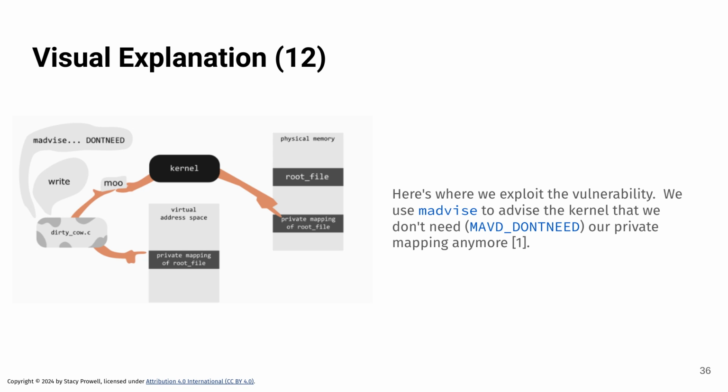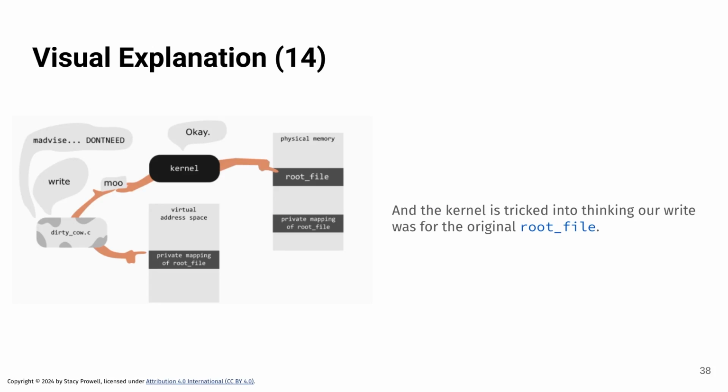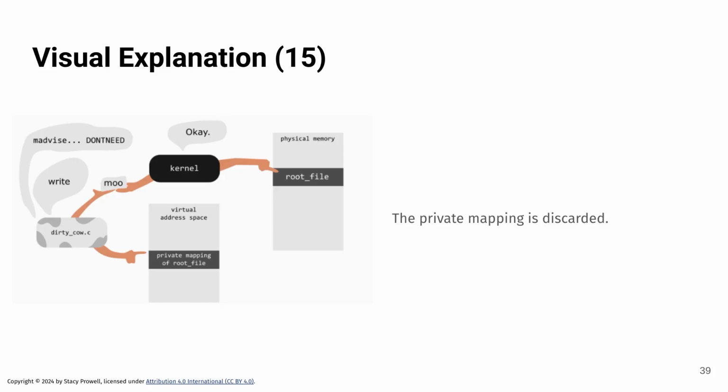No problem, done. So then the kernel goes back to what it was doing before, which was writing out moo, in this case, for us. It's writing out something for us. And so it writes out to the only place it has to write it out, which is the original file. The write continues, and we're done.